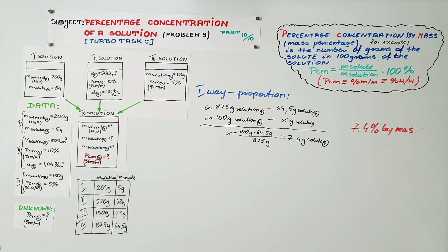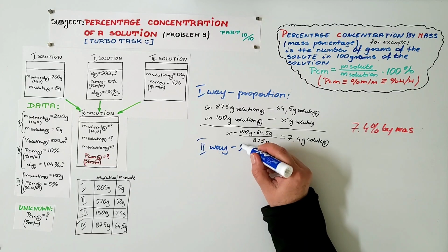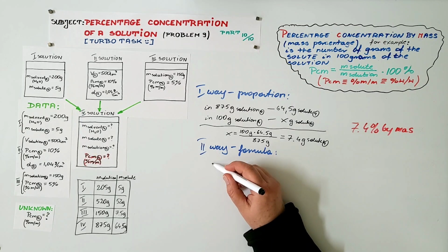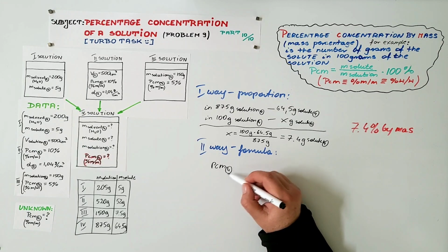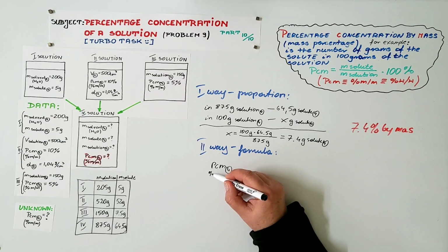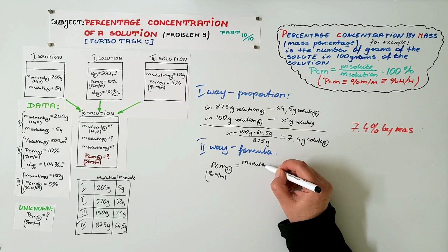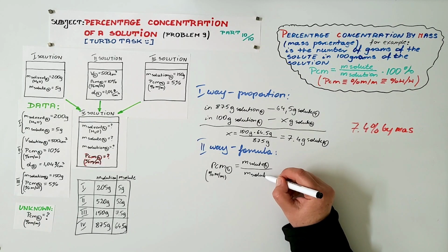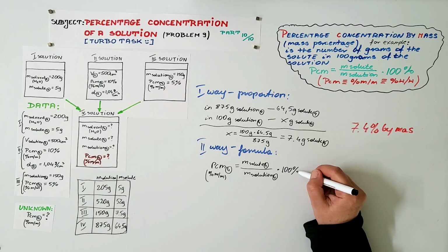Now, second way, formula. Percentage concentration by mass of the final solution, so percent mass over mass, equals mass of solute 4 over mass of solution 4 multiplied by 100%.